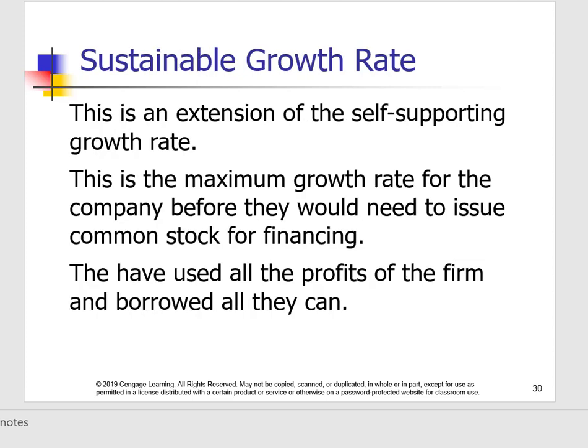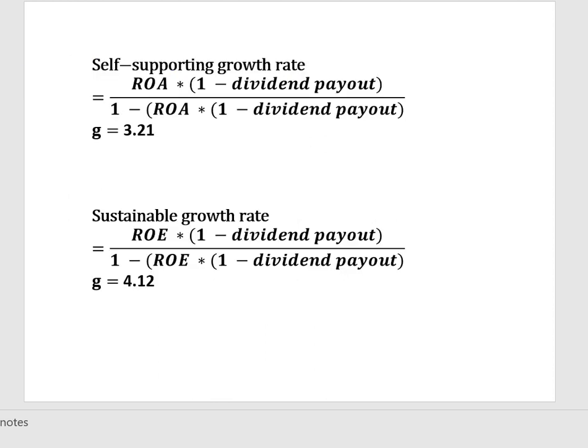So the sustainable growth rate is just an extension of this. This is the maximum growth rate the company would need before they would need to issue common stock for financing. So they've used all of the profits of the firm and they've borrowed all that they can. How quickly can sales grow before we'd actually be forced to go outside the company and issue common stock?